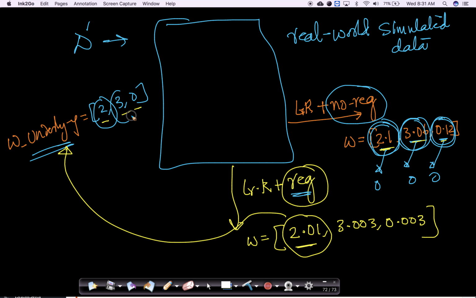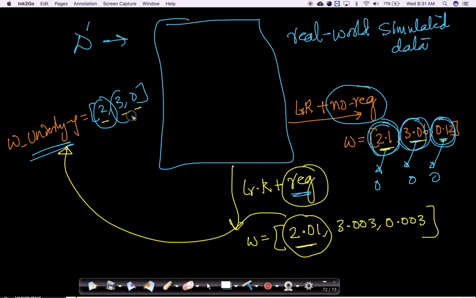So regularization is a way to control our weights from overfitting. Again, remember, in this case we don't have a regularizer, so we don't have any control on Wi's. When there is no control on Wi's, they'll try to overfit to the data, even to corrupted and noisy data.